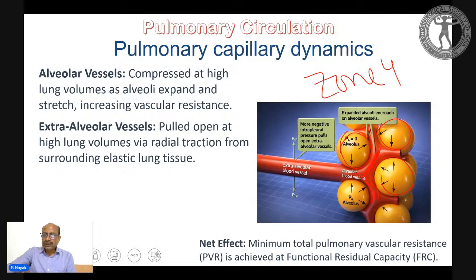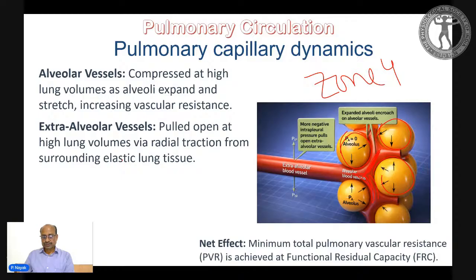So alveolar blood vessels are being blocked by the enlargement of the alveoli at the base. The alveolar vessels are compressed at high lung volume as alveoli expand, increasing vascular resistance. Whereas the extra-alveolar vessels are pulled open at high lung volumes via radial traction from the surrounding elastic lung tissue.